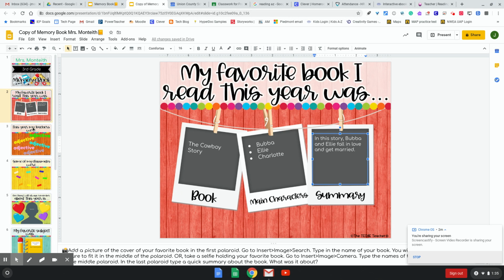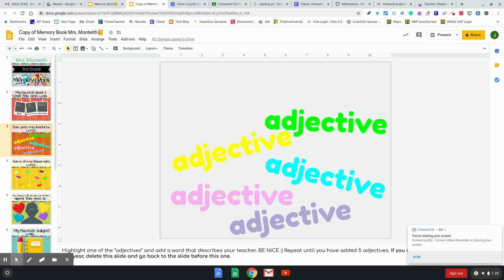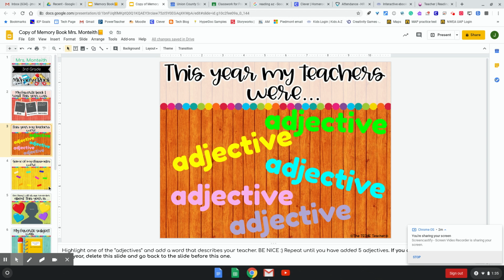Okay. So the next page is this year my teachers were, and then it has places where you put adjectives. An adjective is a word you use to describe. So my teachers were crazy, funny, goofy, silly. I don't know what we were. So let's see.